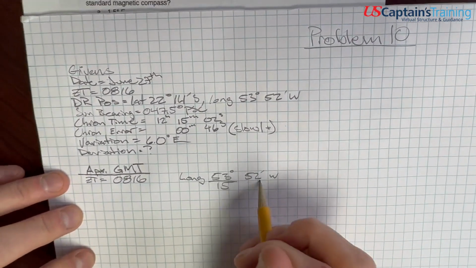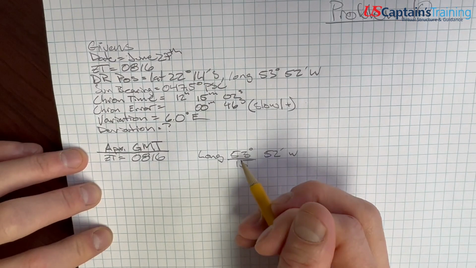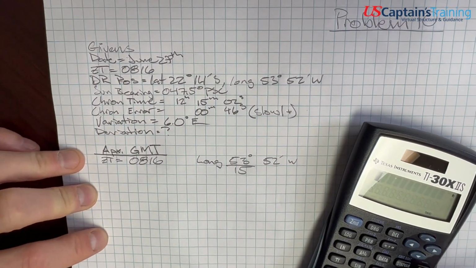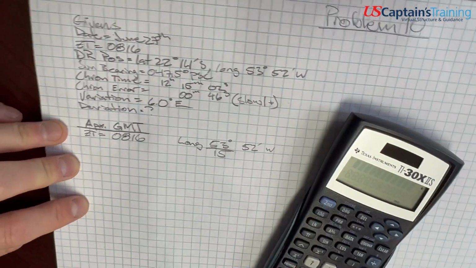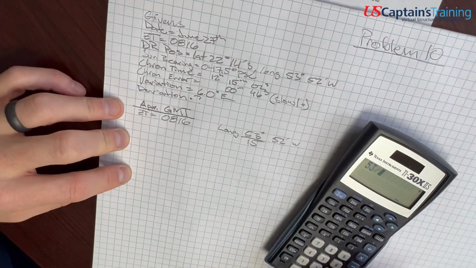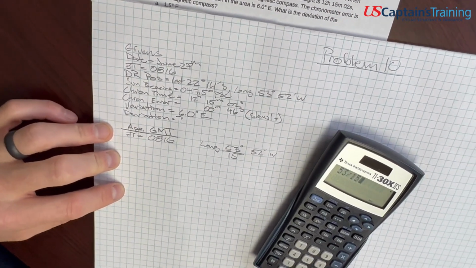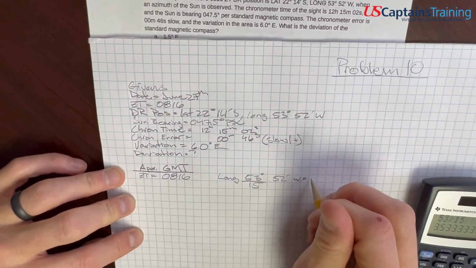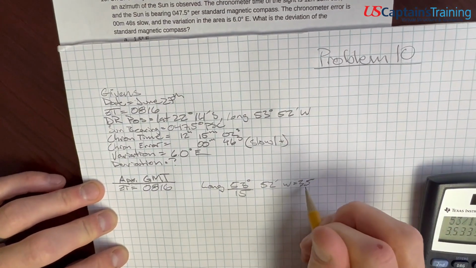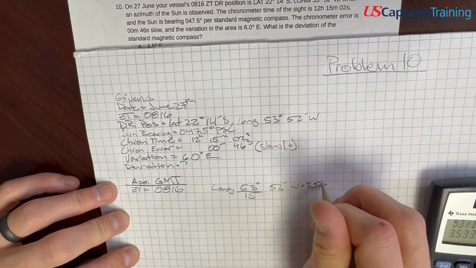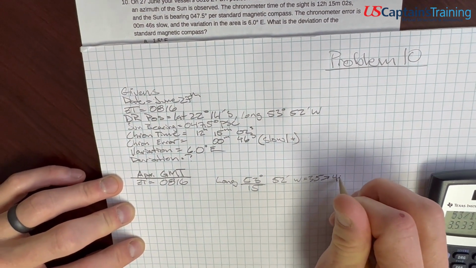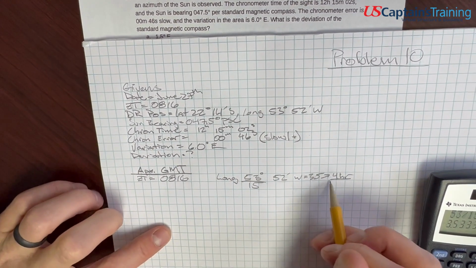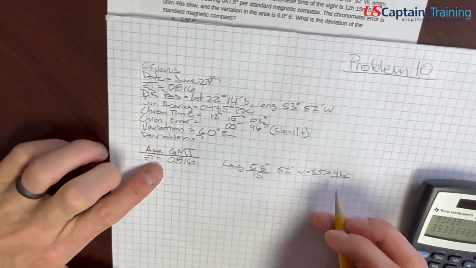I kept the 52 because that's almost another minute. 53 divided by 15 equals 3.5. This 0.5 rounds up. We need to get to a whole hour. So we're 4 hours, right?